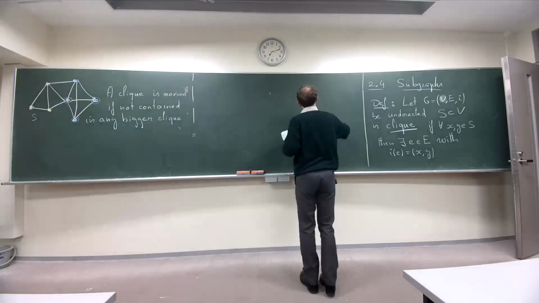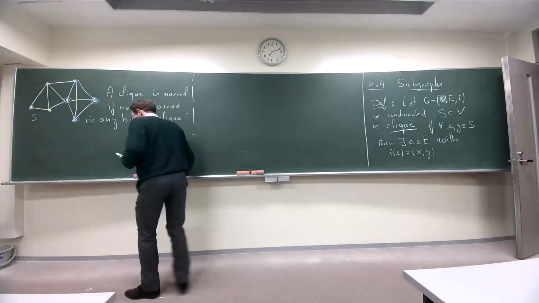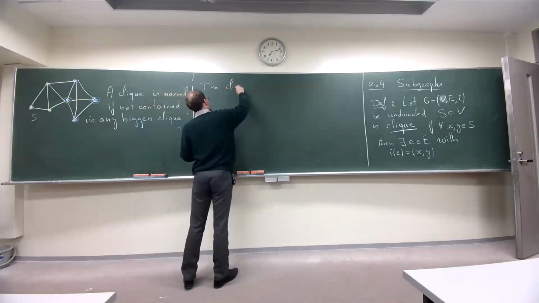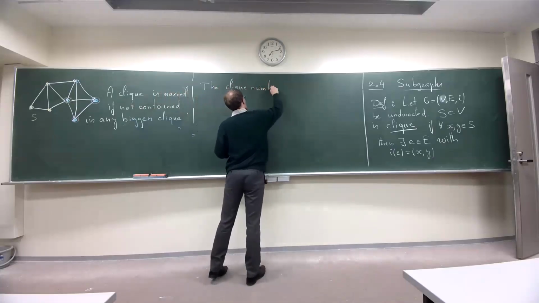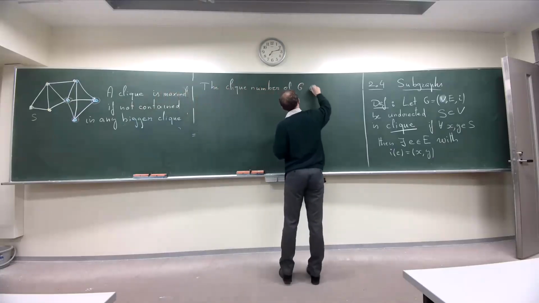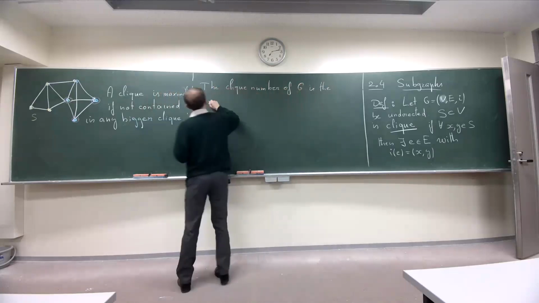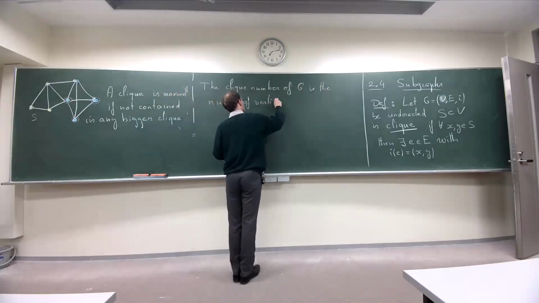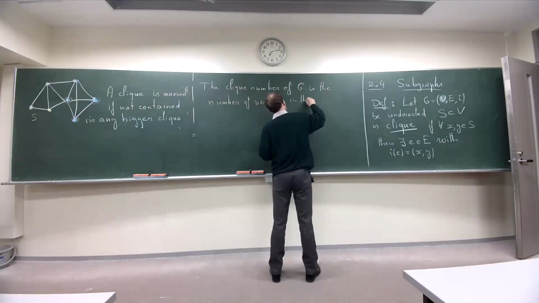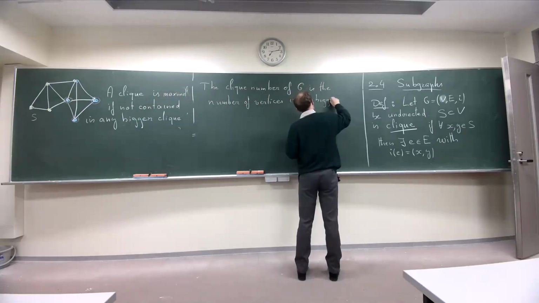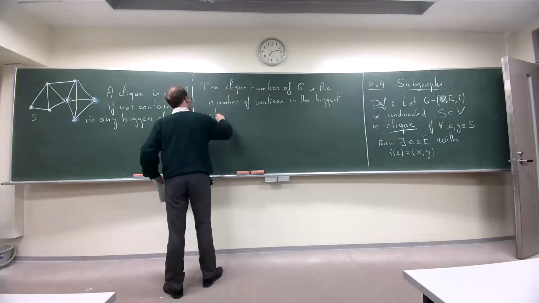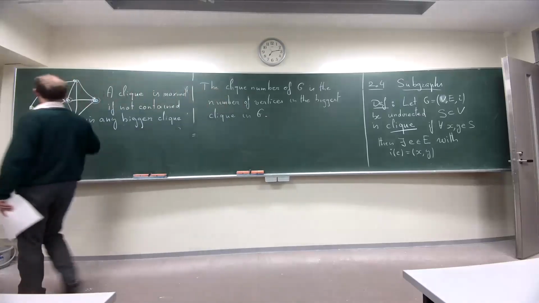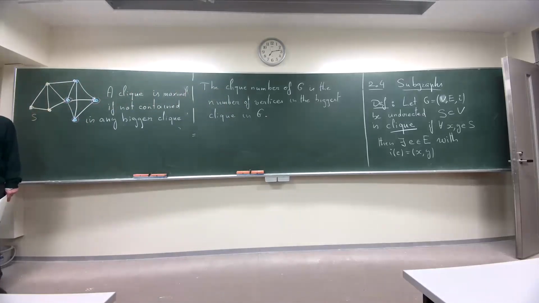Now, what is a clique number of a graph? The clique number of G is the number of vertices in the biggest clique in G. So for this graph, the clique number is 4.